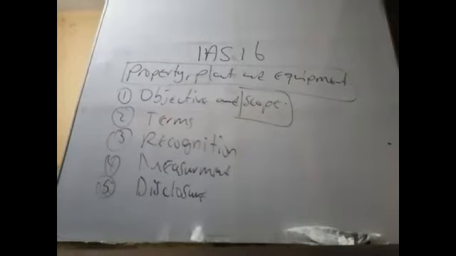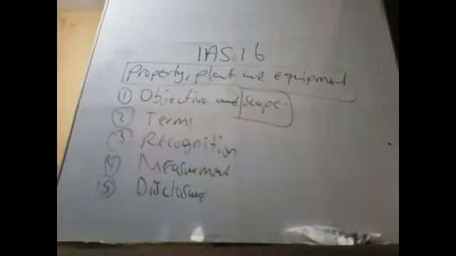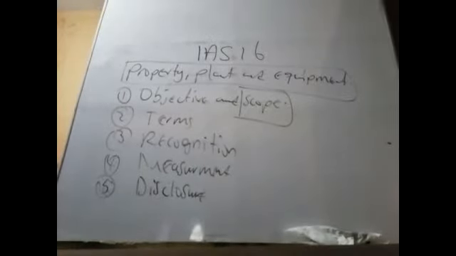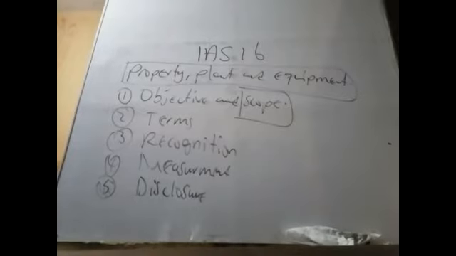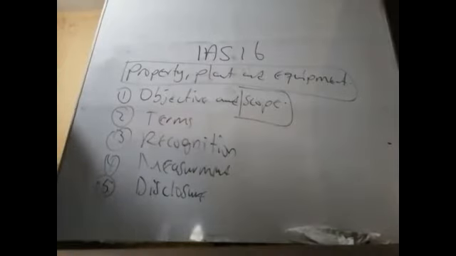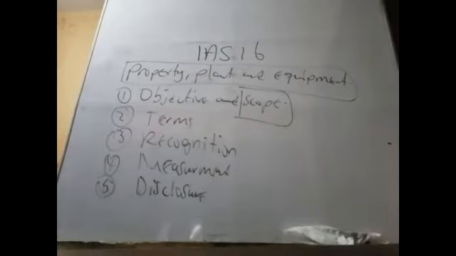Scope. It covers all PPEs except those covered in what? Other standards. For example, minerals, mineral reserves. IAS 16 does not cover mineral reserves. So if you store some wealth in gold and other minerals, this IAS 16 cannot be used to value the gold.